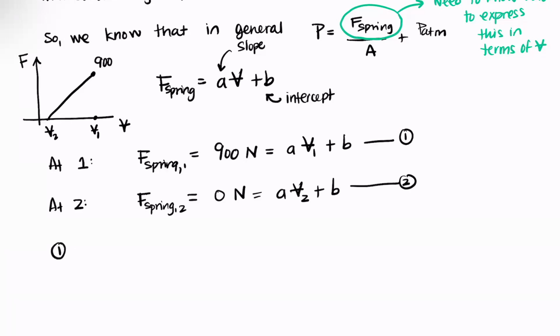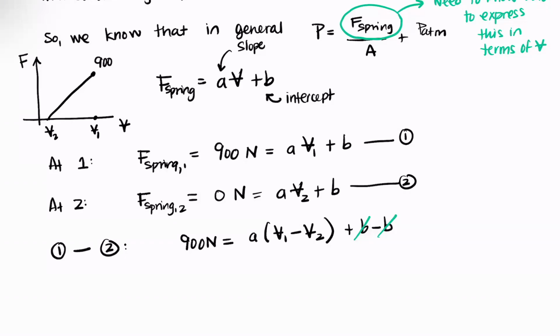So I'm going to do equation 1 minus equation 2, which gives us 900 newtons is equal to A times the quantity V1 minus V2, and then we have plus B minus B. So these cancel. Is everybody with me so far?